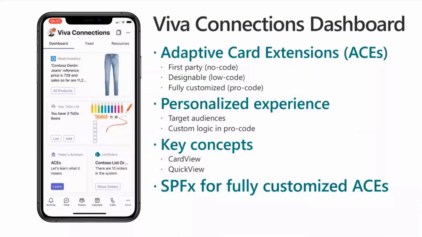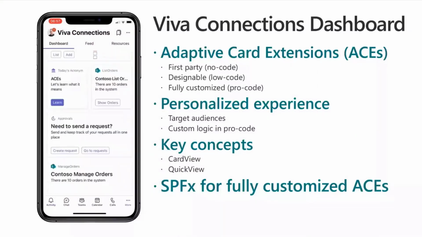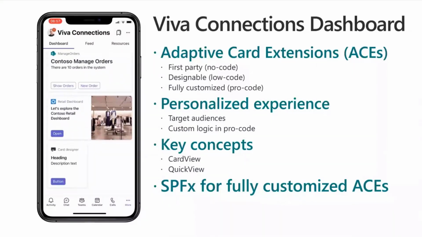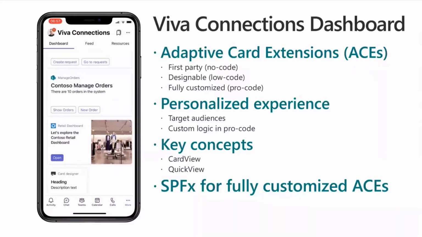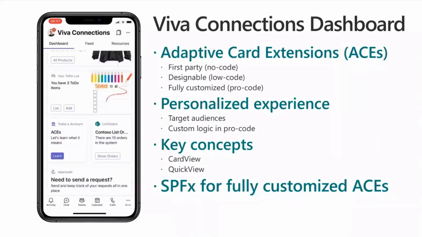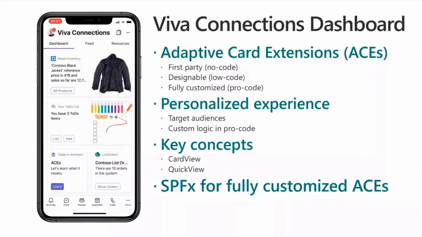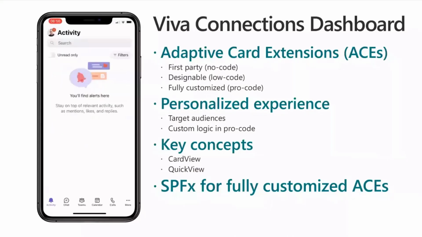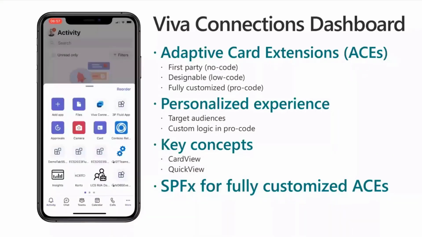But you can also use a card designer ACE provided still by Microsoft, which allows you to use a low-code approach. So just by configuring some settings and eventually providing a bunch of JSON, you can design your own custom card without the need to dig into developing a real solution with SharePoint Framework. It is up to you and up to what you want to do with your solution.